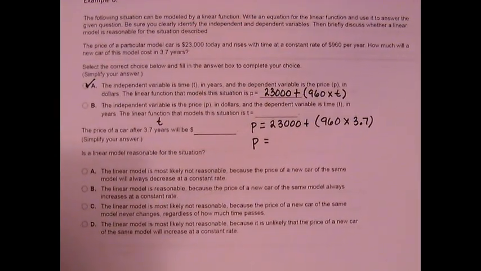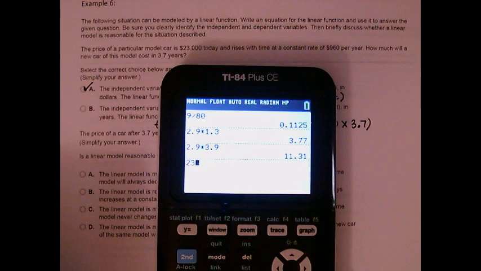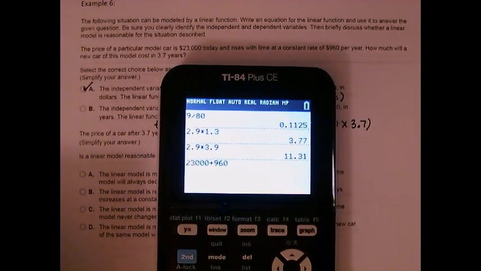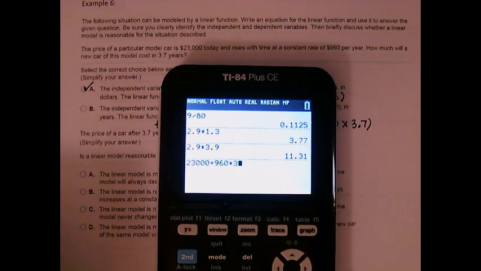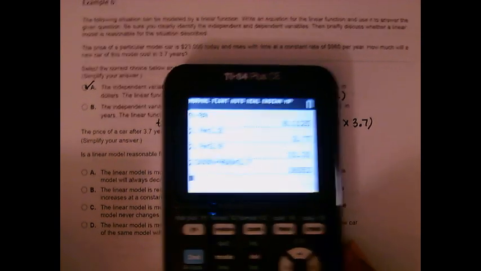That would mean p is equal to 23,000 plus 960 times 3.7. Here I don't need the parentheses because the calculator will do order of operations by doing the 960 times 3.7 first and then add 23,000 to it. So here this will be $26,552.